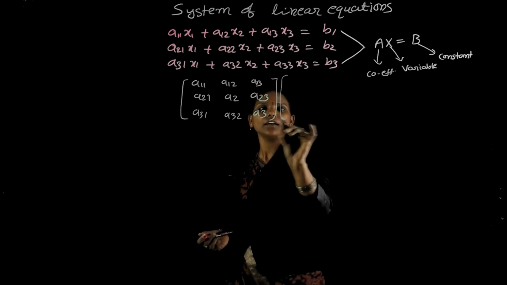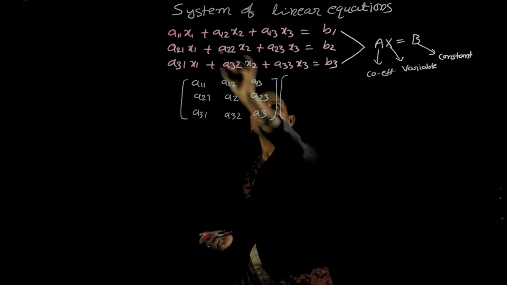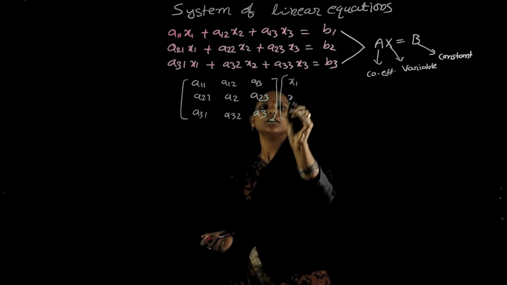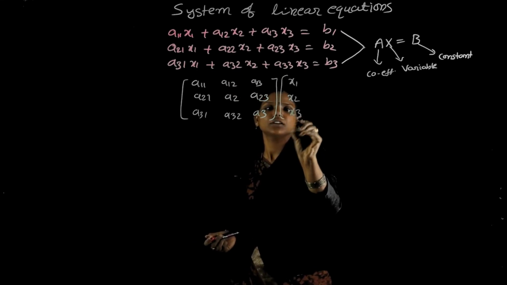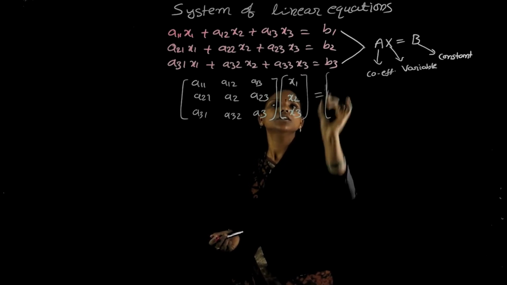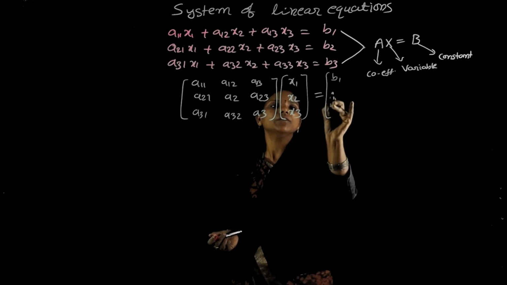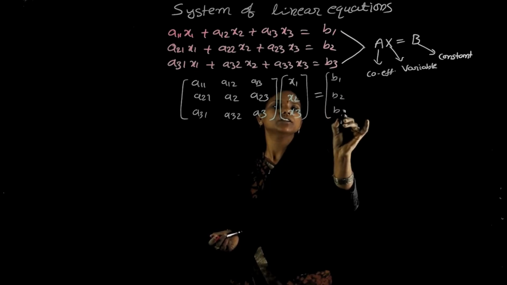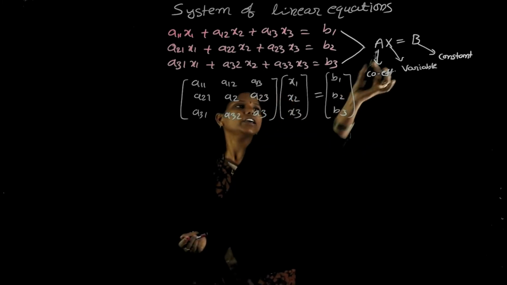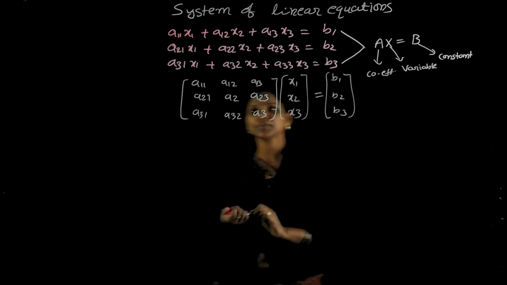This is a variable matrix. How many variables here? 3. Those are x1, x2, x3. This is called variable matrix. This is equal to constant values b1, b2, b3. Like this, we can convert the given system into Ax is equal to b form.